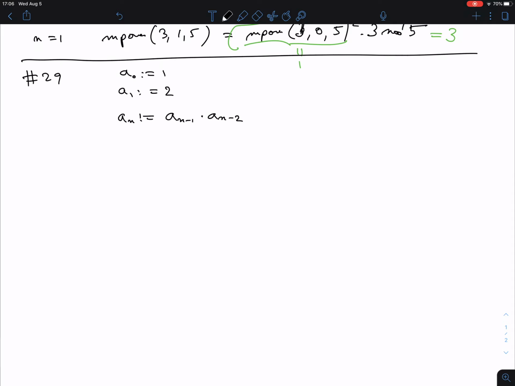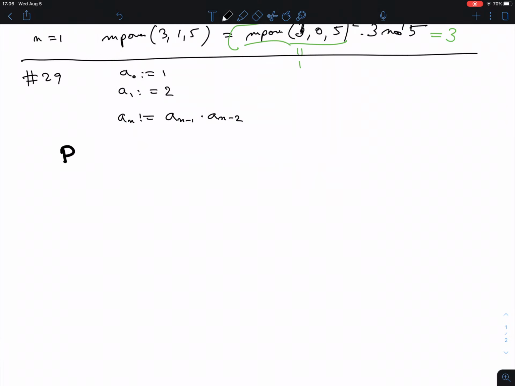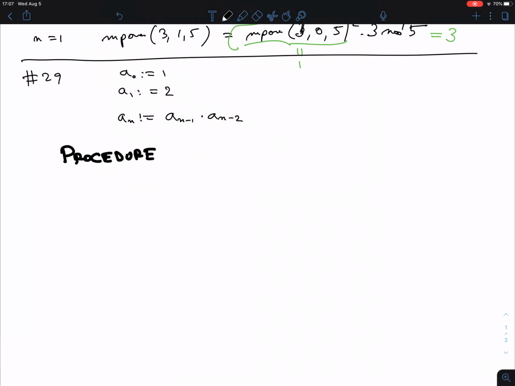Okay, and 29 actually asks you to write a recursive algorithm. And this is again very straightforward. So the procedure, I'm going to call it mfib, multiplicative Fibonacci. The input would be a single number n.